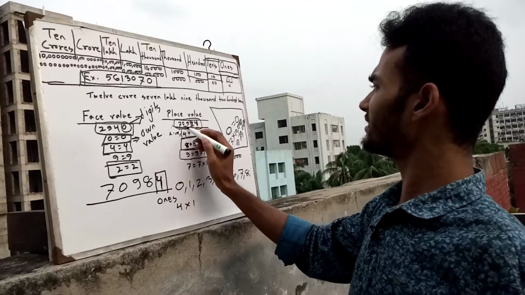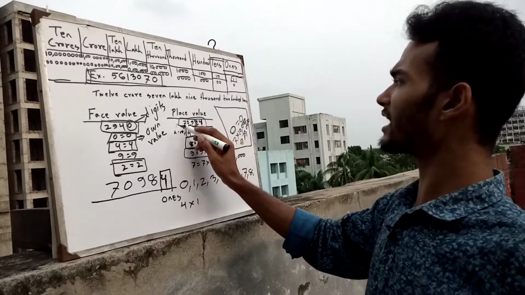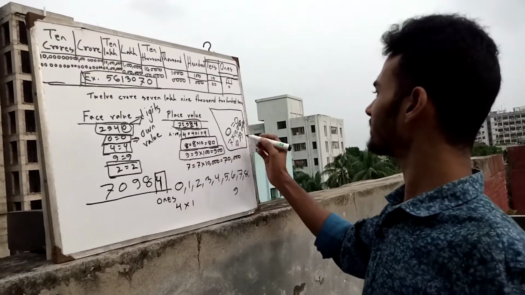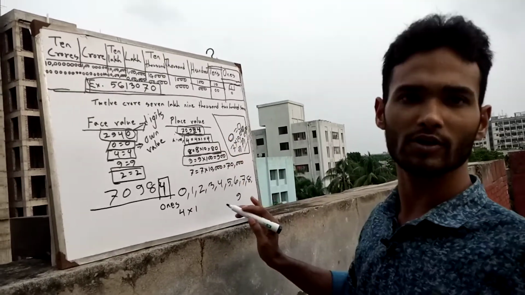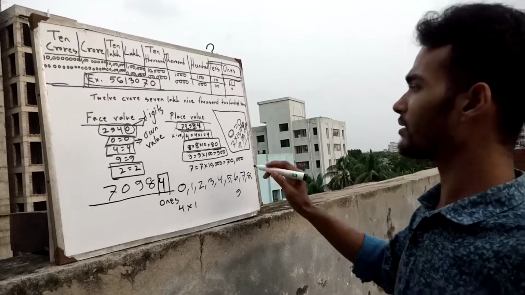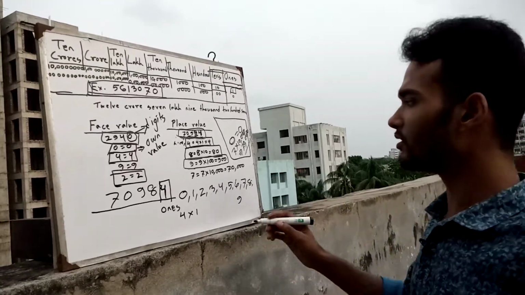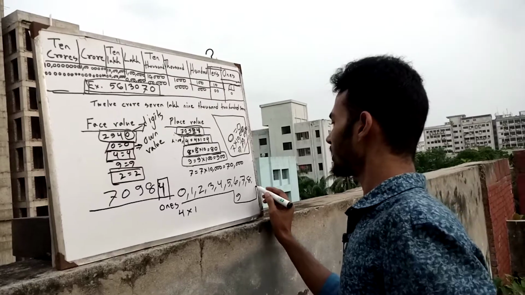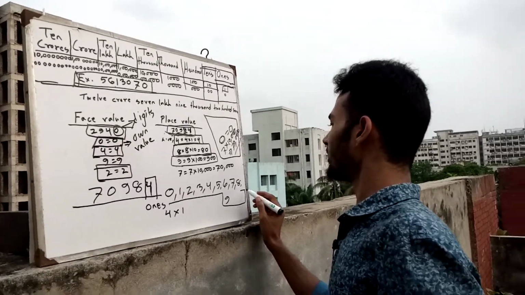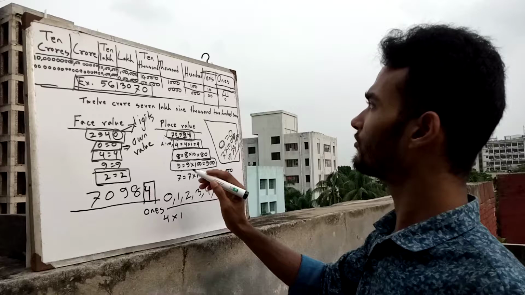All the numerals combined make the number 70,984. This is all about face value and place value. Keep watching, our next part will be the types of numbers.